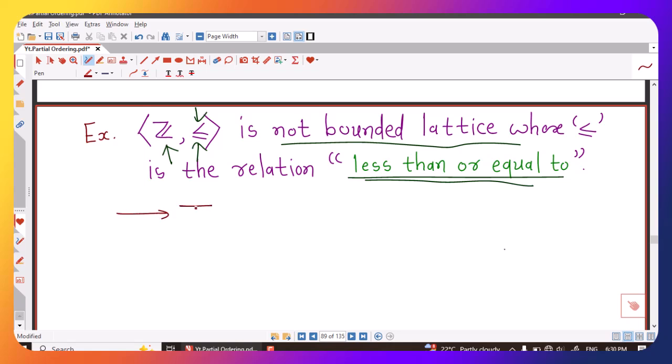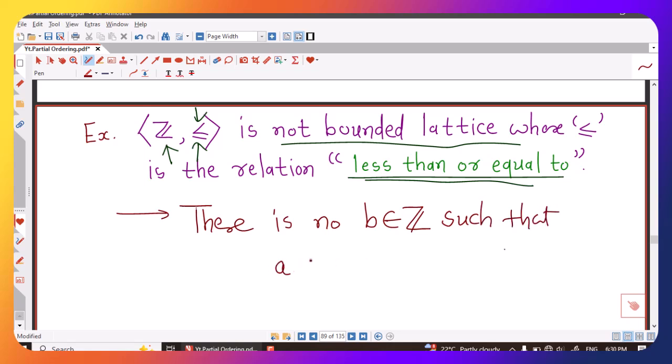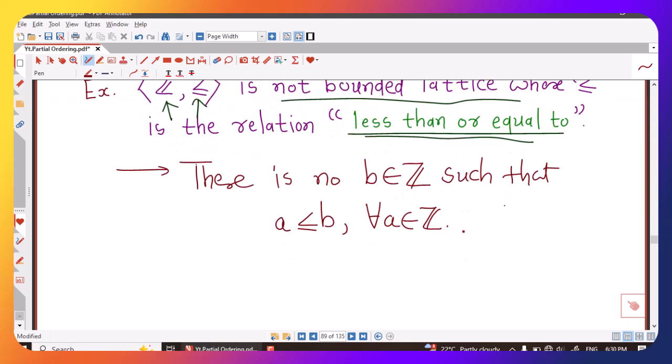So here we can write that there is no B belongs to Z such that every element A of Z is related to B for every A in Z. That means the greatest element does not exist.